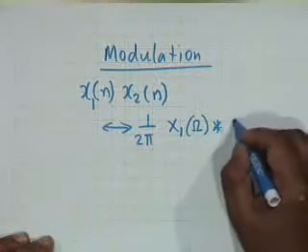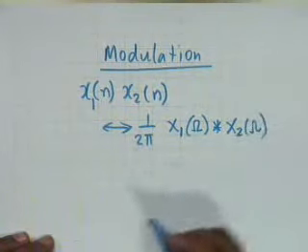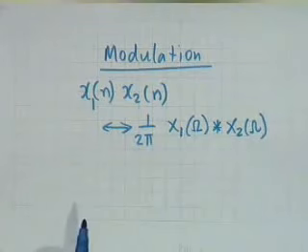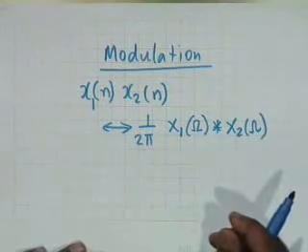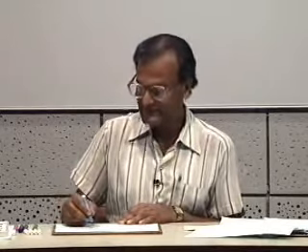the convolution of x1 and x2. Is that right? Or is the 1 over 2 pi not there? Yeah, but what is the convolution?